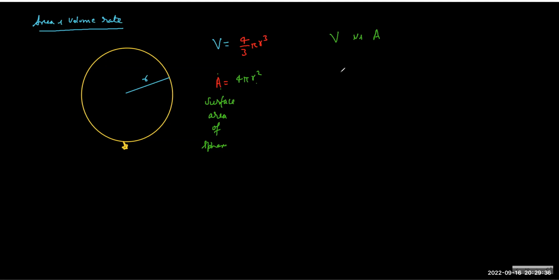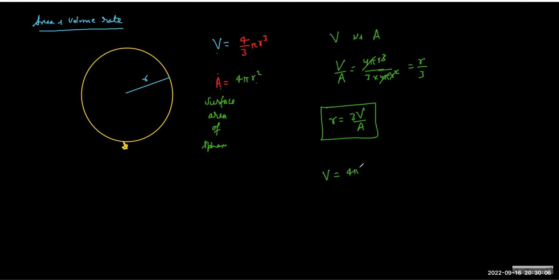There are many ways to do it. You can see what is the ratio of V by A. It is r by 3, isn't it? So basically, r we can write as 3V by A. And now because I want the relationship between V and A, V equals 4 by 3 pi r cube, which is 3V by A whole cube.